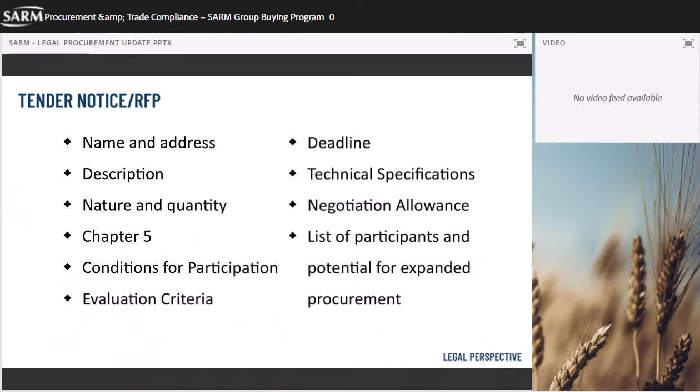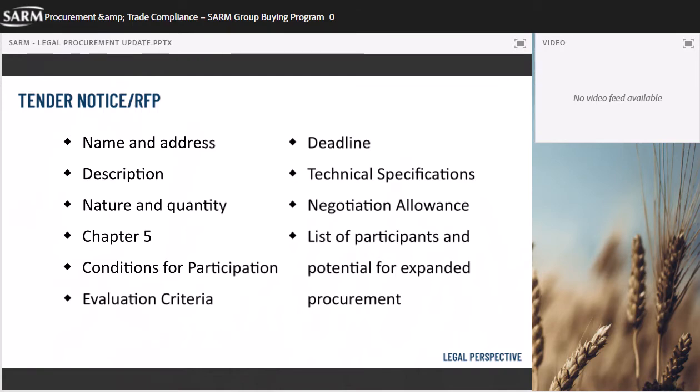Evaluation criteria is very key. So that includes methods of weighing when you're doing an evaluation, any sort of supplier requirements. If there's technical specifications, they need to be set out as well.